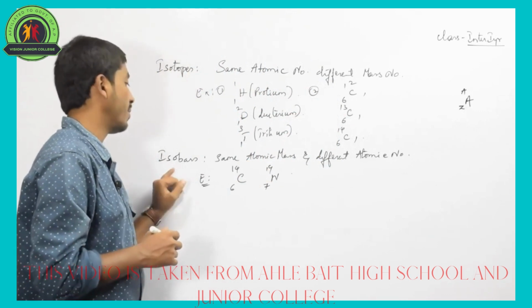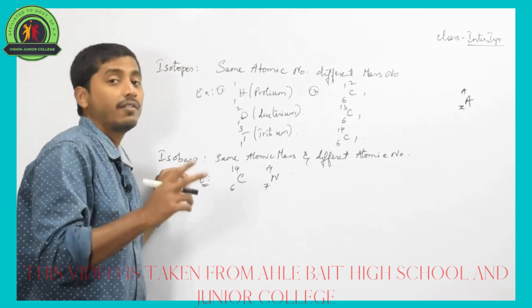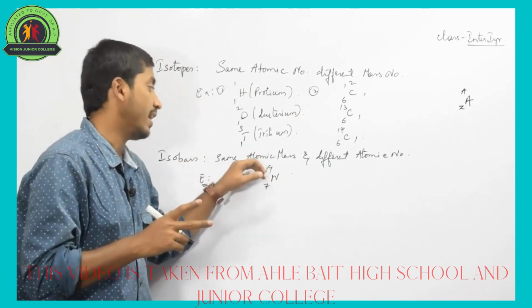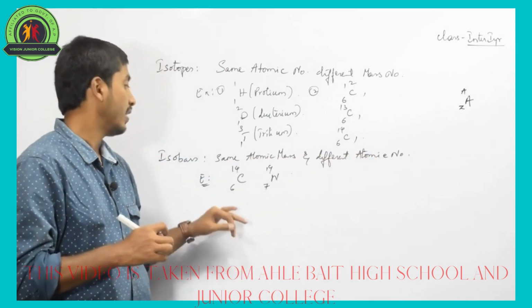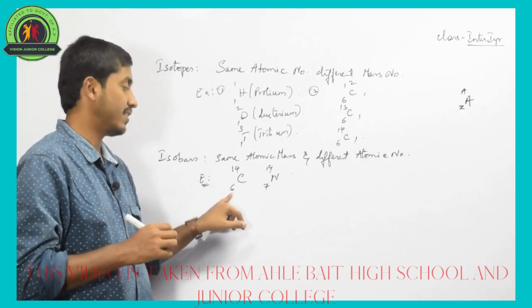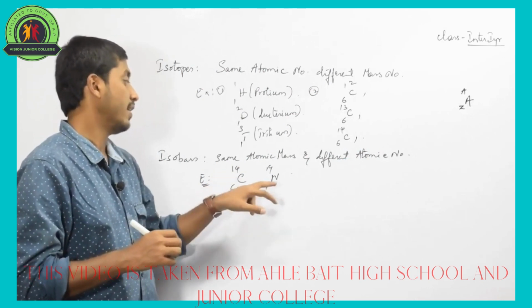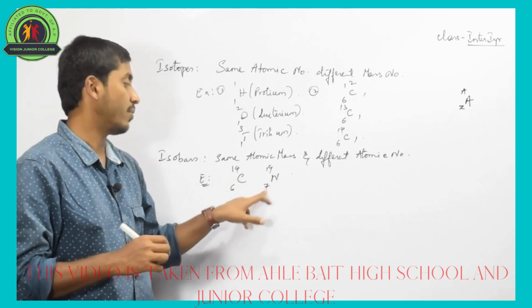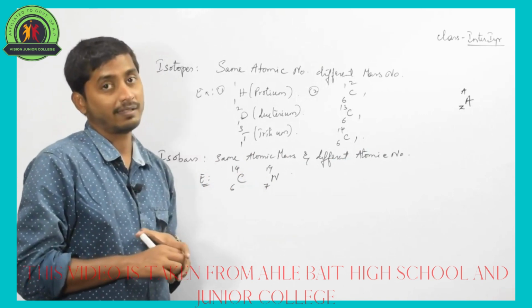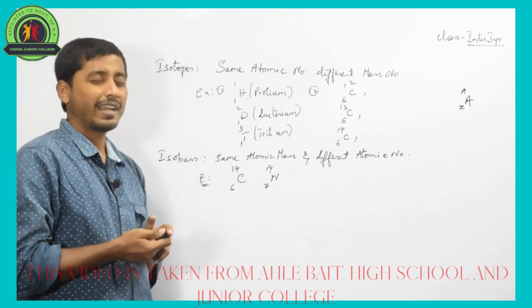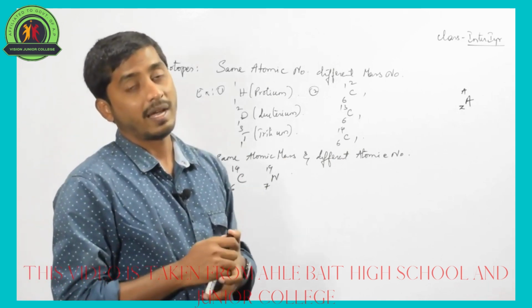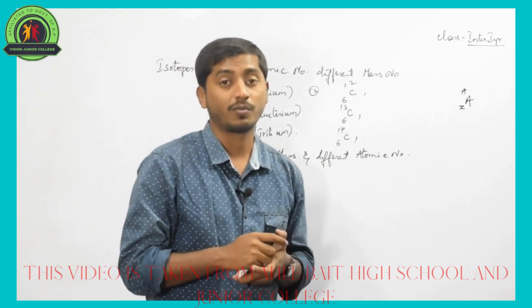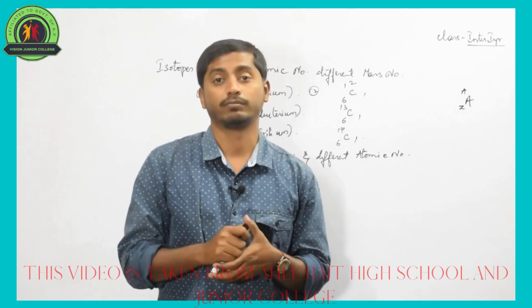The next is isobars. Isobars are two atoms having the same mass number but different atomic numbers. One example is carbon with atomic number 6 and mass number 14, and nitrogen with atomic number 7 and mass number 14. You may wonder why carbon will have a mass number of 14, that is, a number of neutrons of 8, why not 6.